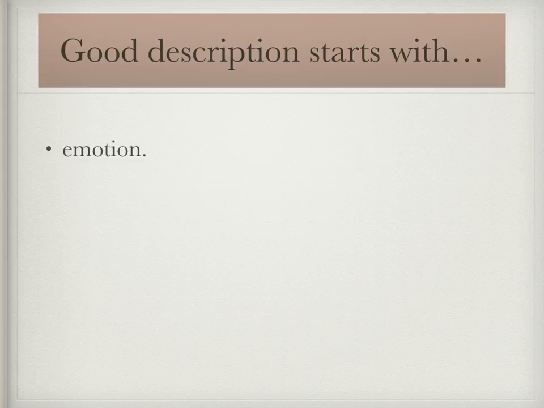Good description always starts with emotion, and I mean your emotion as the writer. What do you love or hate? Those are good places to start. Because usually everything in life that we deal with, we either like it or we don't. We either love it or we hate it. And why?